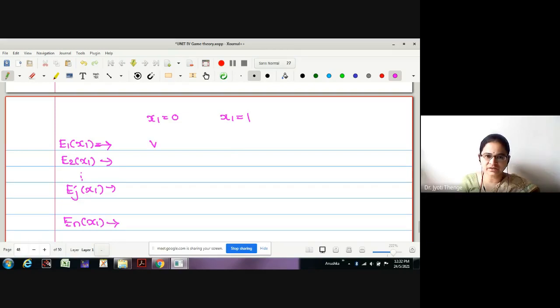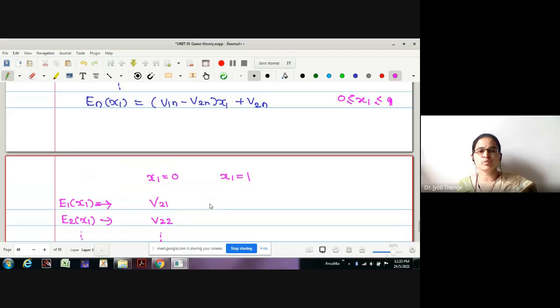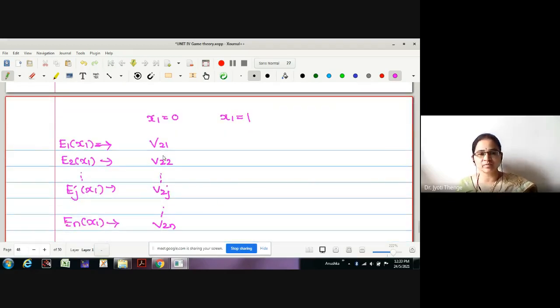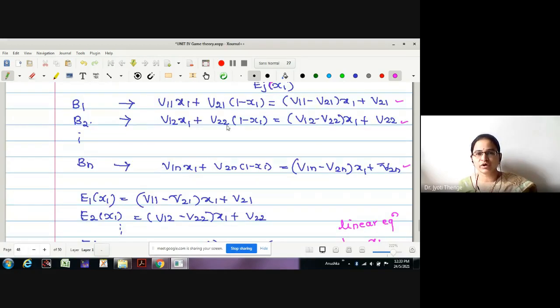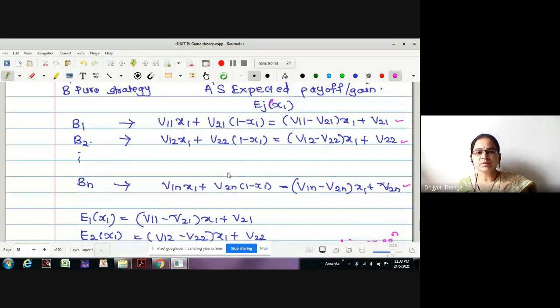If you feel any difficulty, you can ask. What are the entries we get here? V21, V22, V2j and V2n. Is that okay? To plot a line, we need only two points, and these are the points we will mark. Similarly, if I put x1 equal to 1, the second term gives me 0.